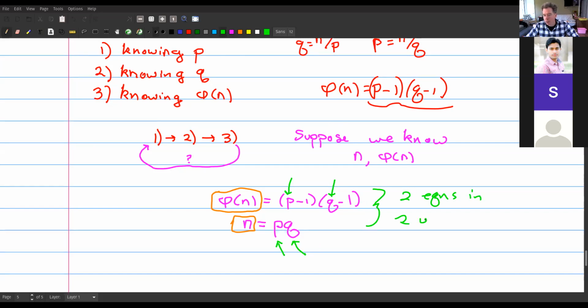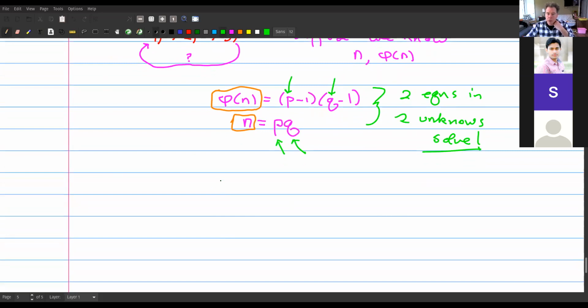If we had more time, we could do it. Let me just get you started here. Q is equal to N over P. Then you can substitute that into this other equation, and you get phi of N is equal to P minus 1 times N over P minus 1.